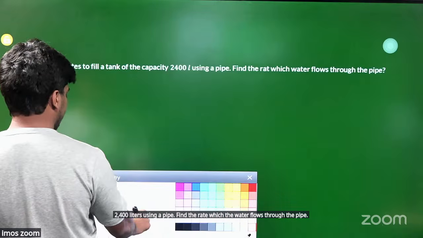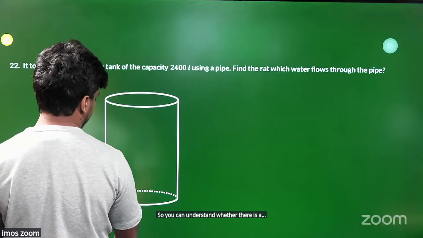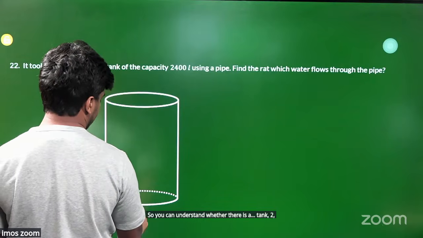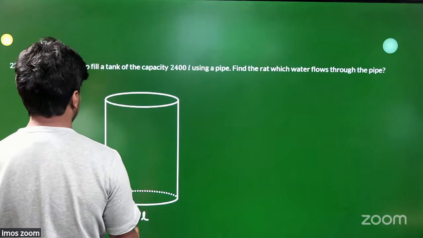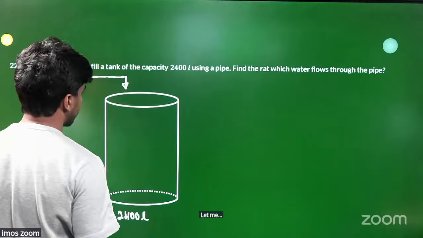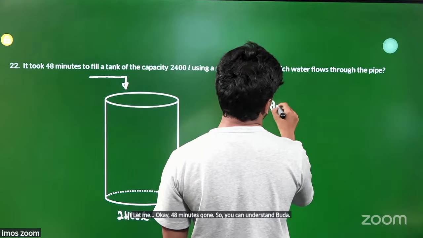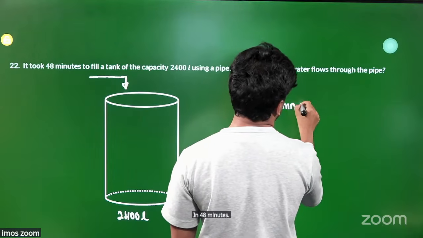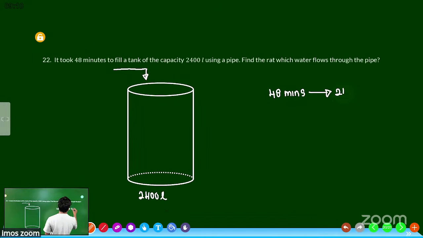So you can understand, there is a tank of 2,400 liters, and in 48 minutes it fills 2,400 liters.